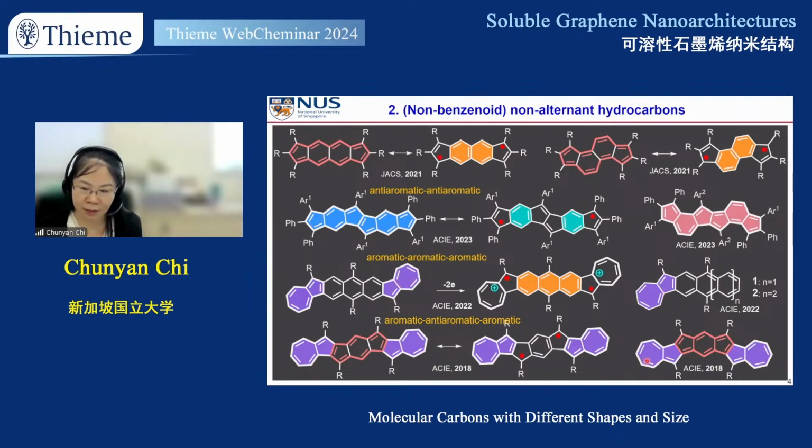The last type of structure are azulene fused acene indacenes. They include aromatic azulene units and anti-aromatic acene indacene moieties. So these systems are very important to understand how the interactions between them influence the electronic properties of the whole structures. So here I just take 2 examples to introduce.